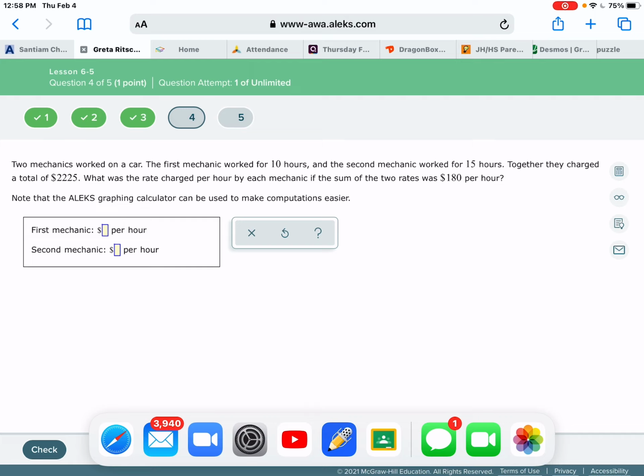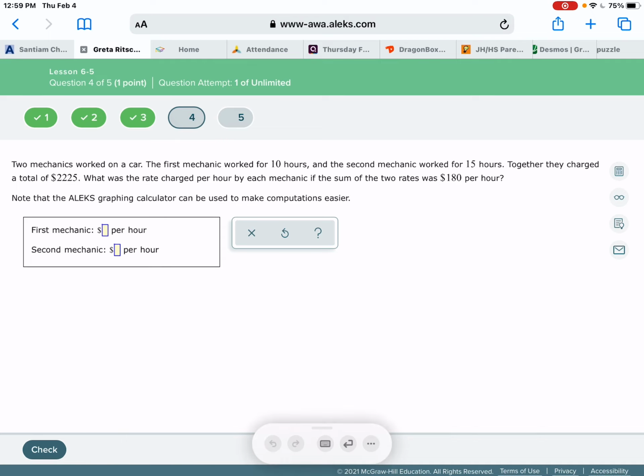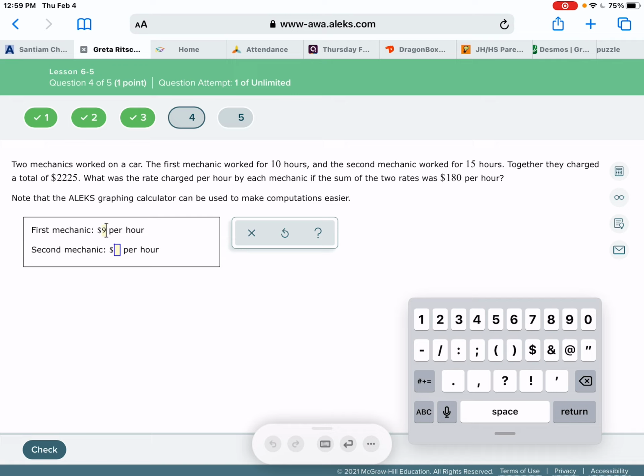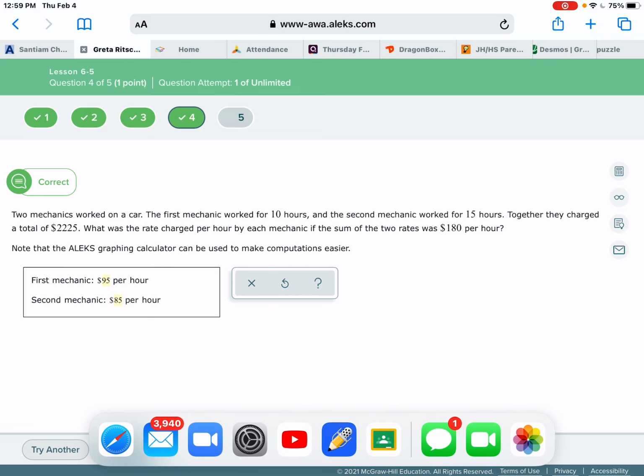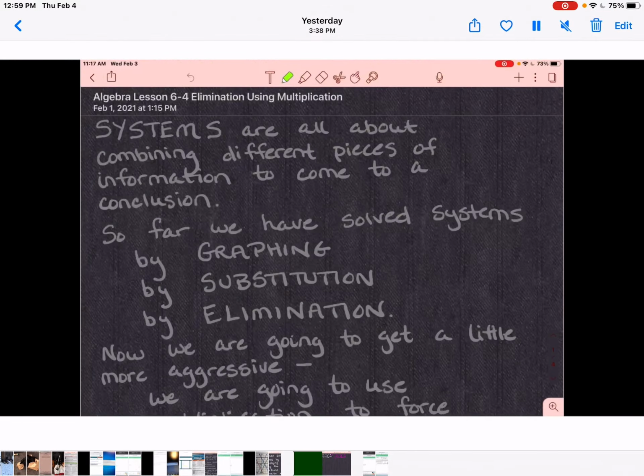One of them worked for less time and one of them worked for more time. Oh, mechanic X and mechanic Y. So if I did it in the right order, then my coordinate numbers should show that 95 and 85. Okay. And that was correct.